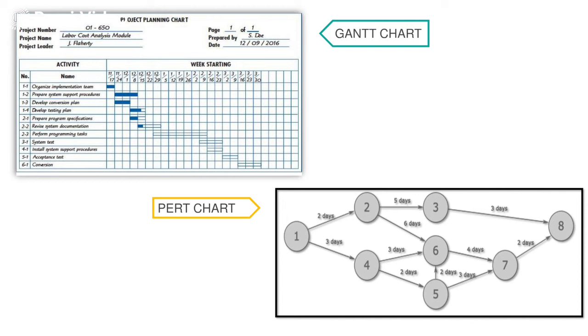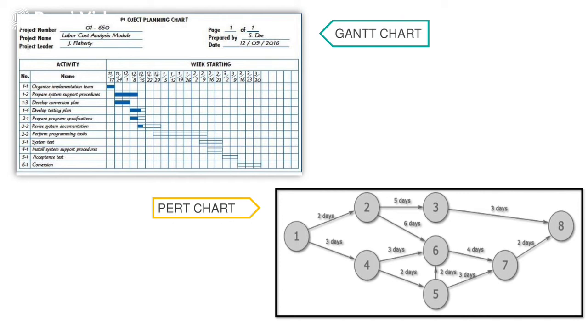In general, the Gantt chart you can see in this slide. That's the visual of the Gantt chart. On your left hand side, they list down the activities involved in the development process, and on your right is the bar drawn from the schedule. They have a week starting, or you can schedule in terms of days.